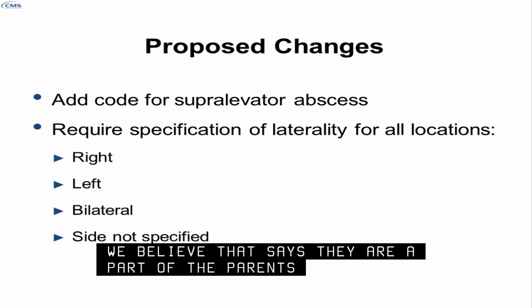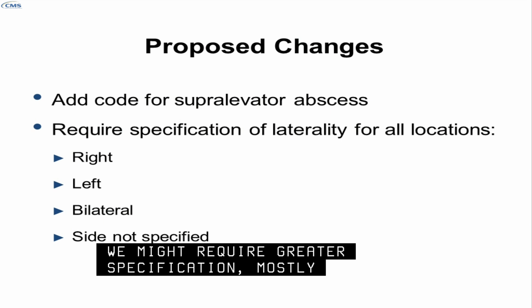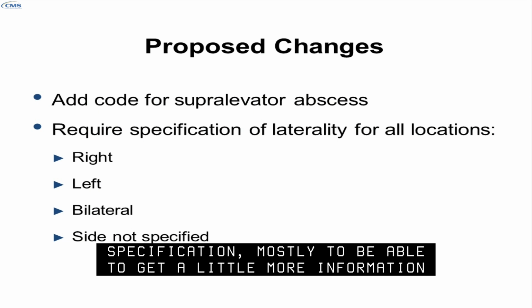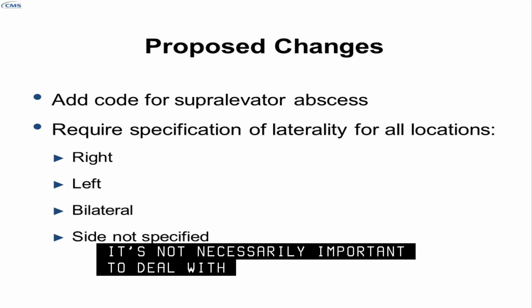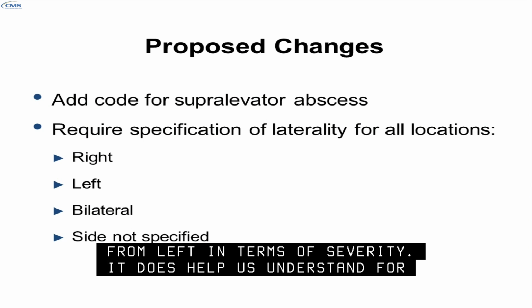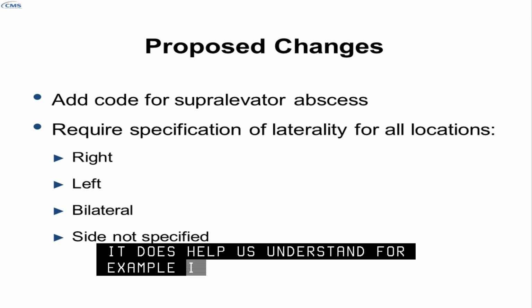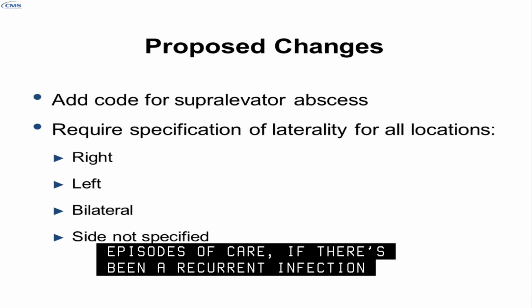However, we might require greater specification of the laterality, mostly to be able to get a little bit more information about the severity of the condition. It's not necessarily important to be able to distinguish right from left in terms of severity, but it does help us understand, for example, if we have linked episodes of care, if there's been a recurrent infection or presumably an extension from one side to the other.